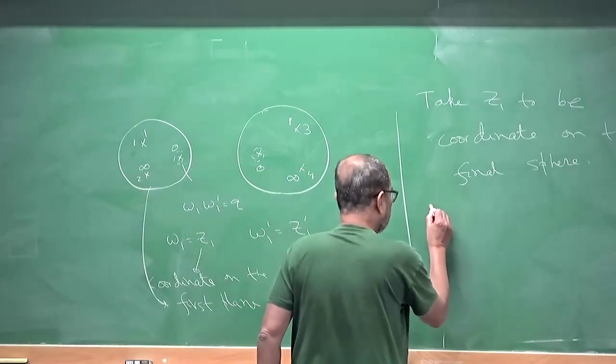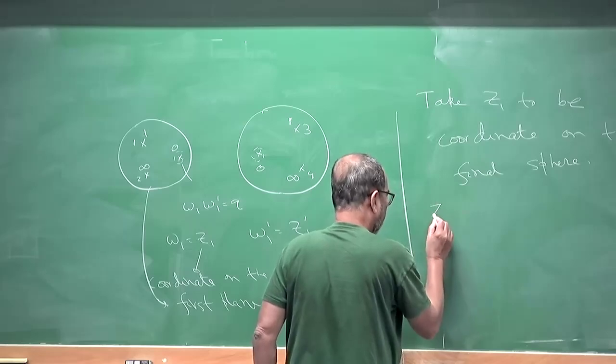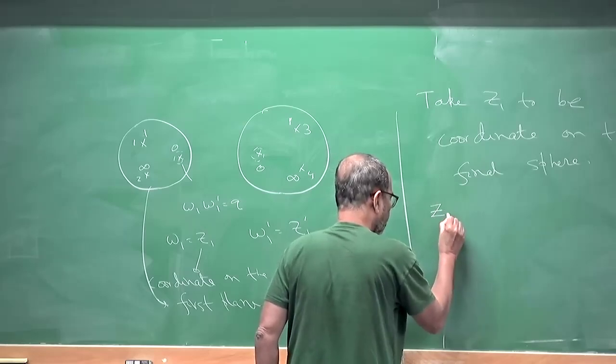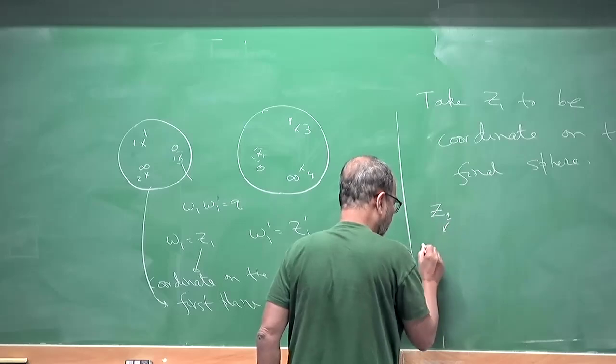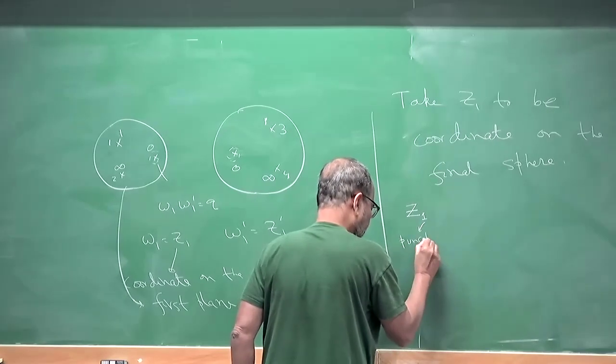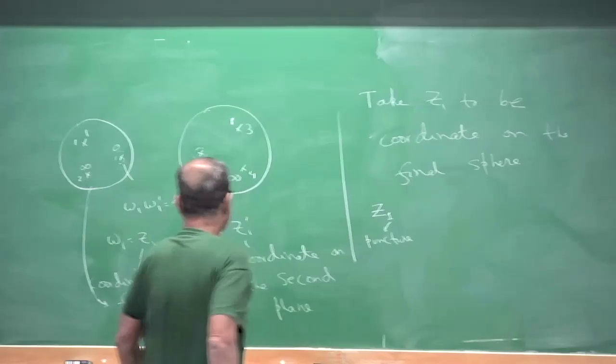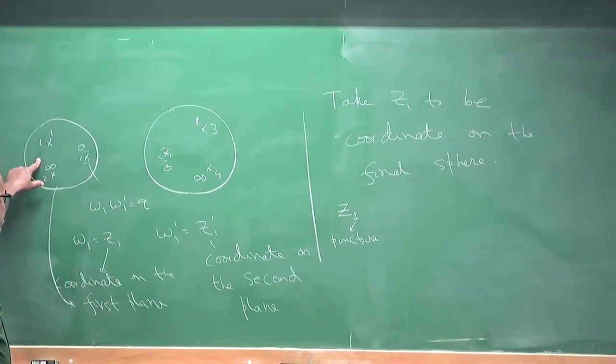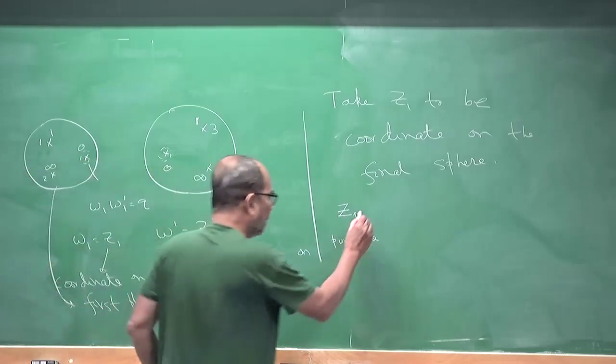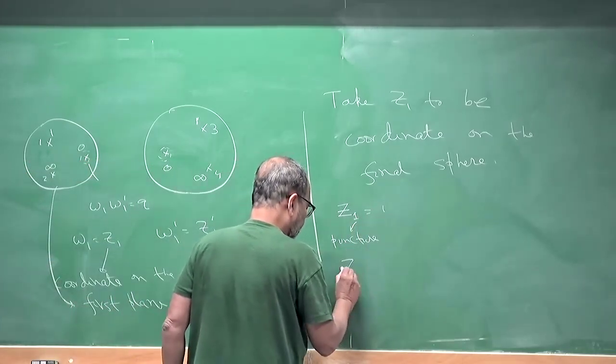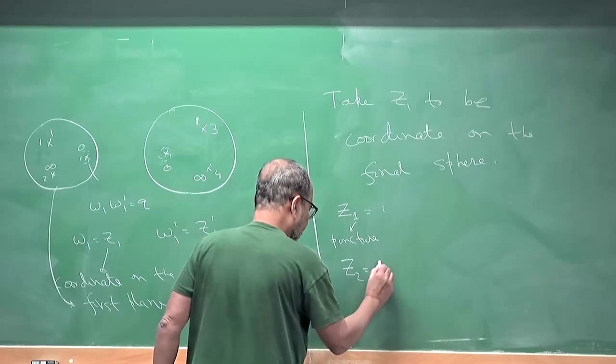So you see the puncture 1. Z1 was already a coordinate on this system. So the puncture 1 is at 1. Puncture 2 is at infinity.